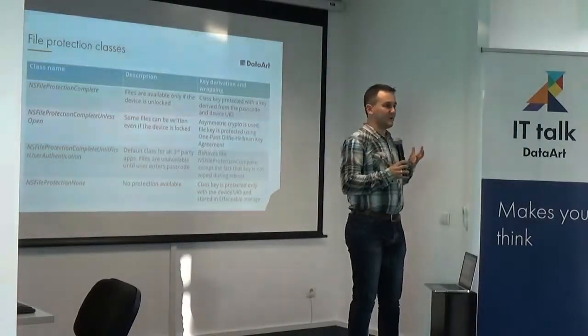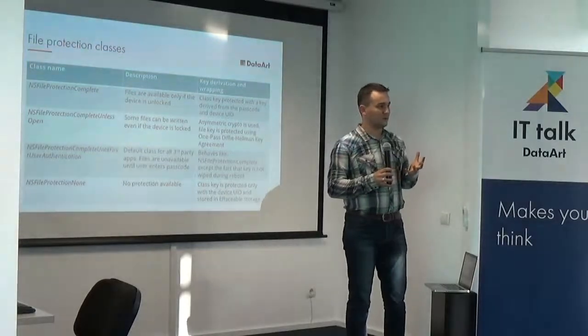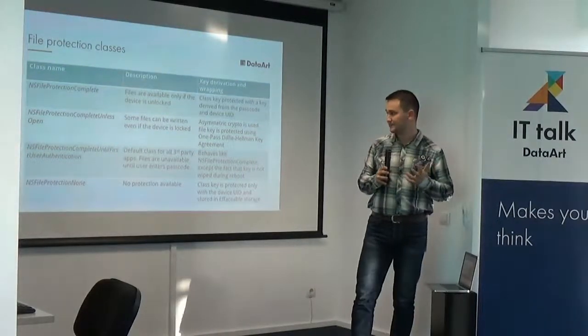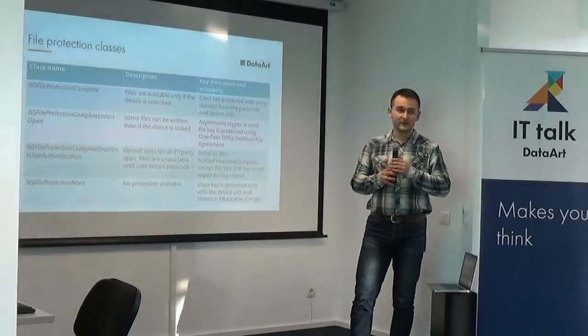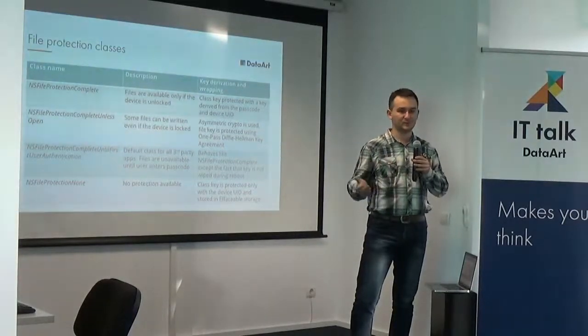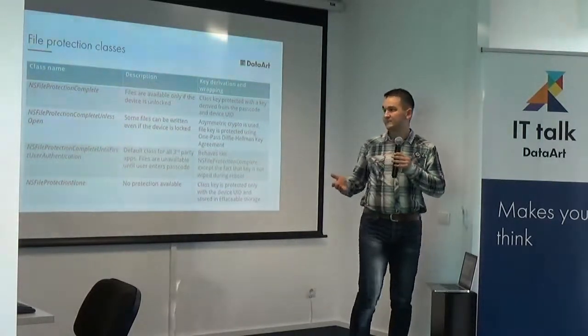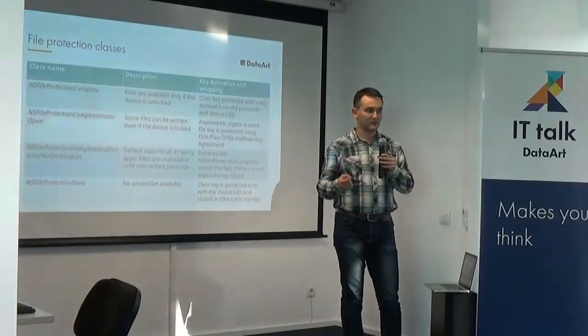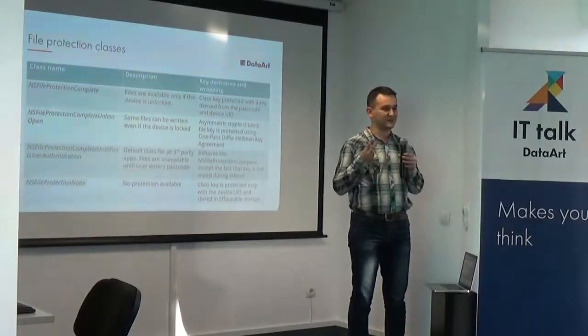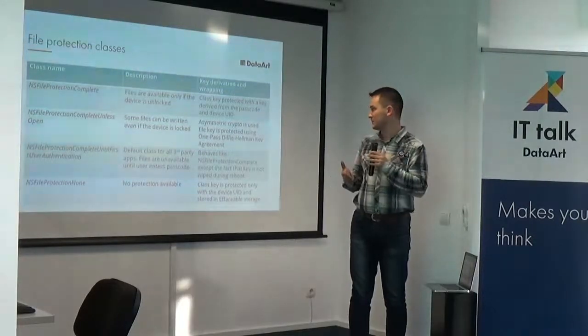What are the file protection classes? All the files on the file system are protected by default by using some encryption keys. iOS provides us with 4 different protection classes. The first one is the complete protection. It means that files are available only for the application which is in the foreground when the device is unlocked.